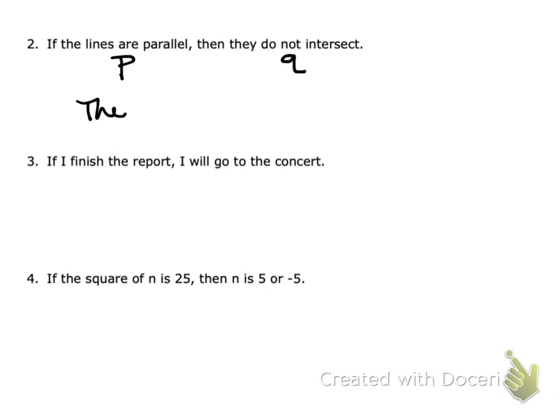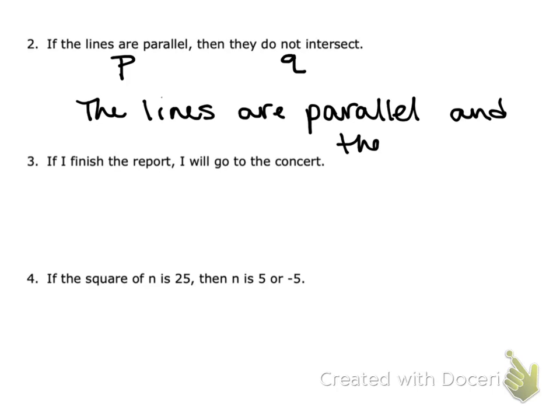The lines are parallel and they intersect. Which we know is false. So that's how we know we did a good job coming up with the negation, right? Because if the lines are parallel, then they do not intersect. That's our conditional. That is true. If we're going to do the negation of that, the lines are parallel and they intersect, we know that's just nonsense.